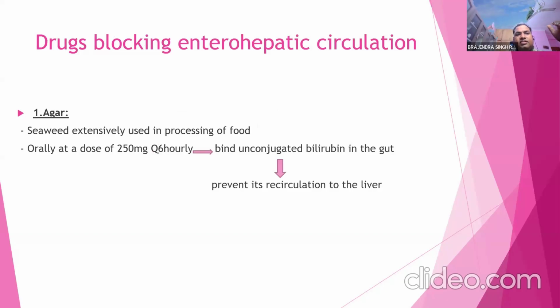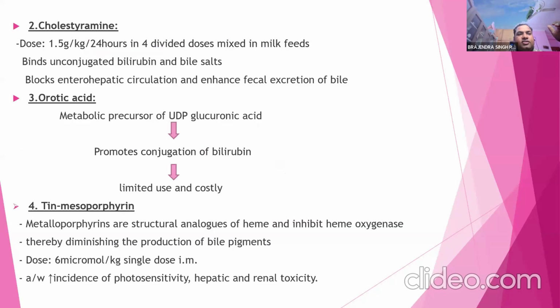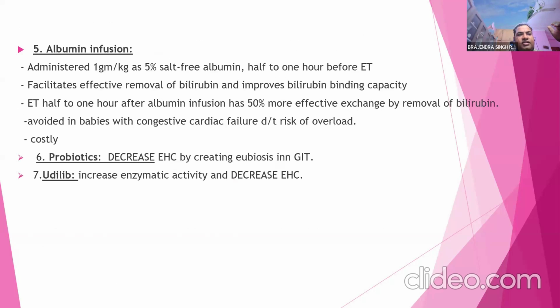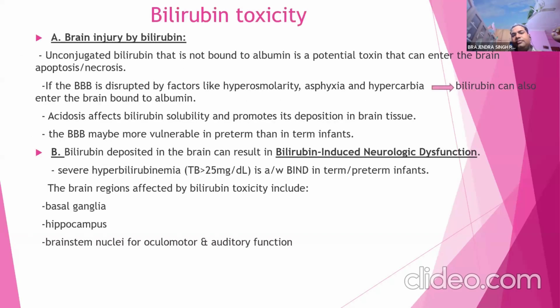Some other drugs block the enterohepatic circulation, like agar, cholestyramine, uric acid, anti-mesoporphyrin. Albumin infusion also helps if the baby is going for exchange transfusion, prior to administration. Probiotics and Udilip also.